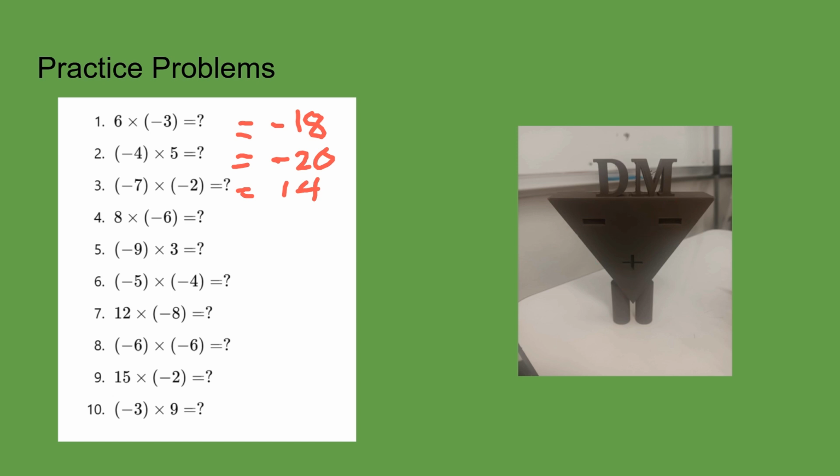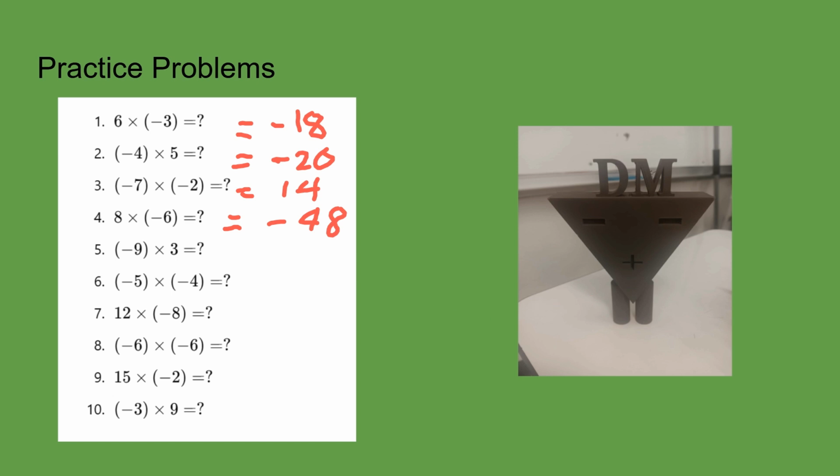Next, how about 8 times negative 6? Positive times negative will give us a negative answer. 8 times negative 6 will give us negative 48.